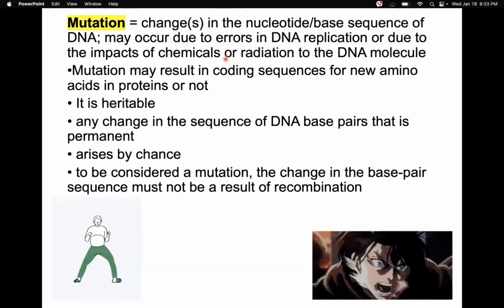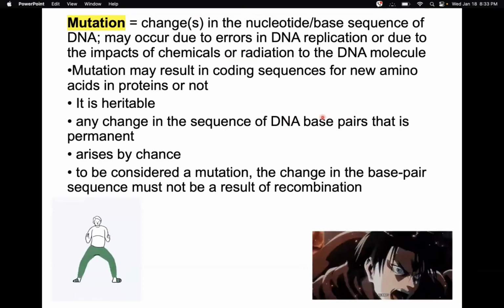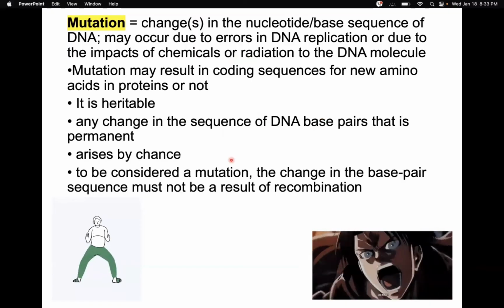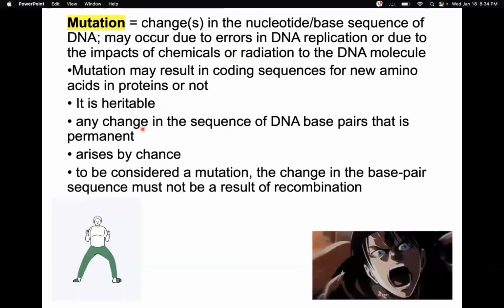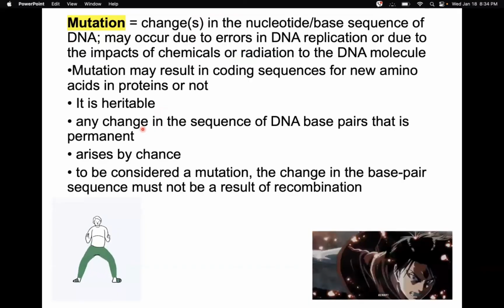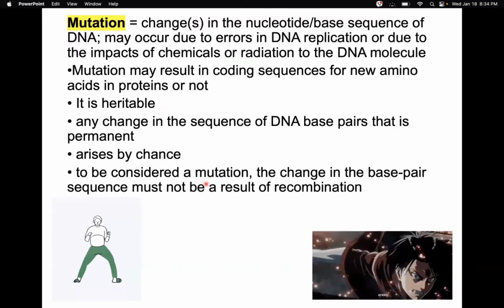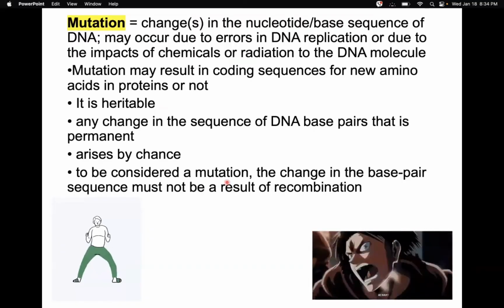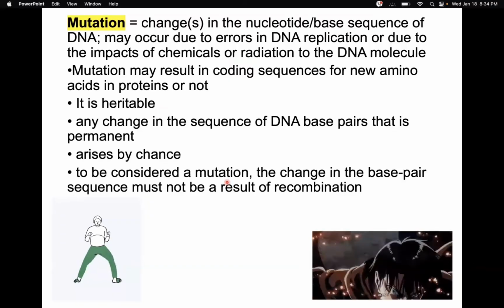Next, any change in the sequence of your DNA base pairs is permanent. Like I mentioned, mutation can arise by chance, it can be a random error. And lastly, to be considered a mutation, the change in the base pair sequence must not be a result of recombination.